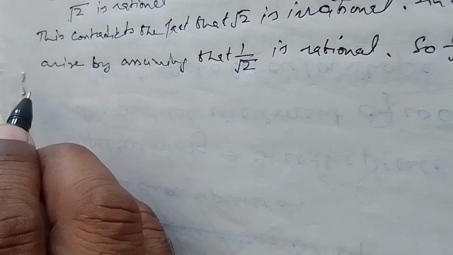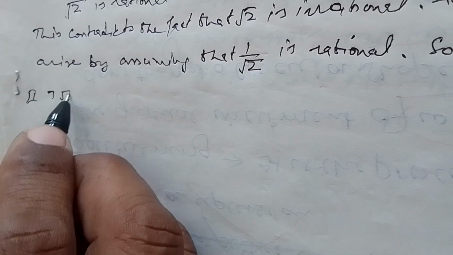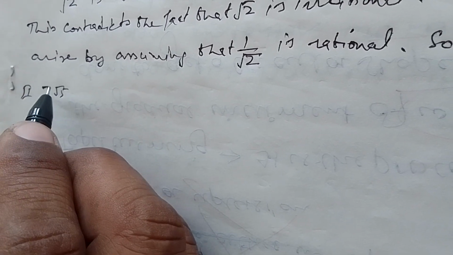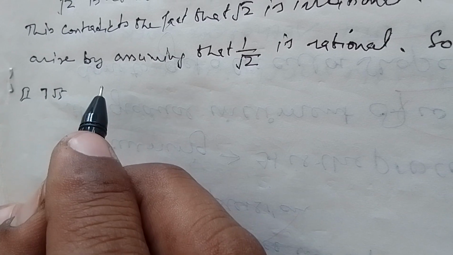Now the second part of the third question, that is 7 root 5. We have to prove whether it is rational.